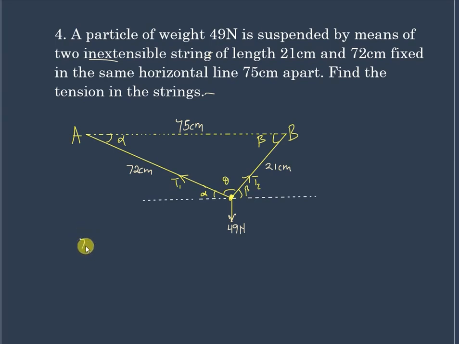The fact is that when I get 75 squared, I should get 72 squared plus 21 squared minus 2 times 72 times 21 times cosine of the angle which is opposite 75. That one is theta.